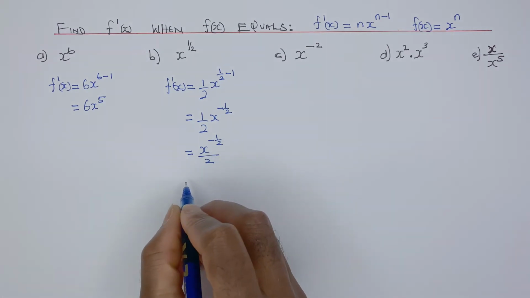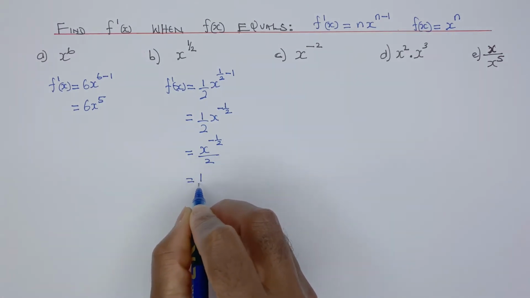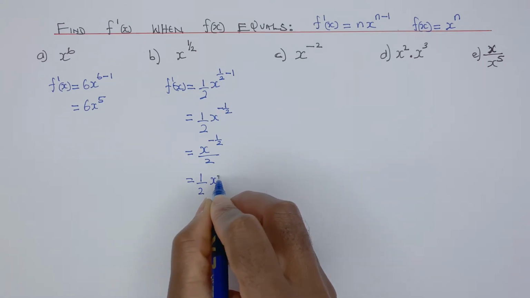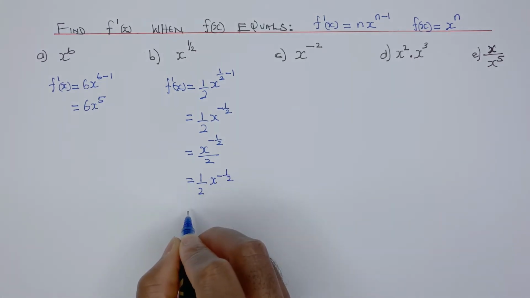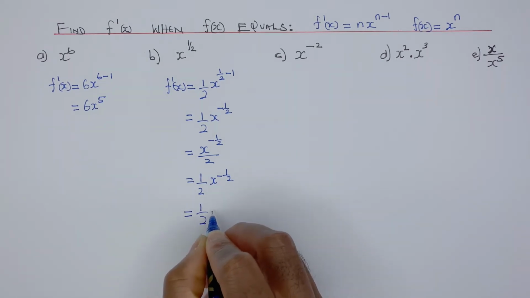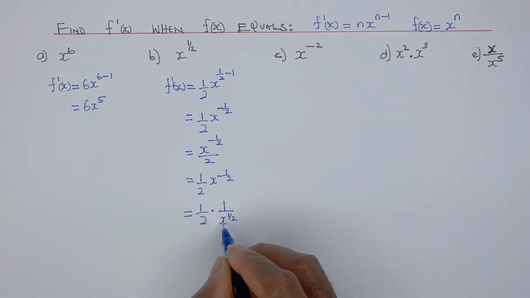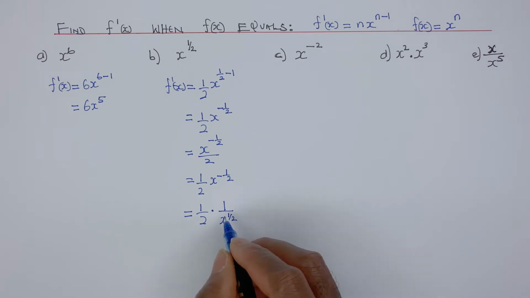You might say a half x to the power minus a half, which can also be written as a half times 1 over x to the power a half. So that's what this is, 1 over x to the power half in indices.